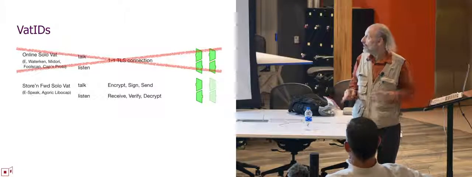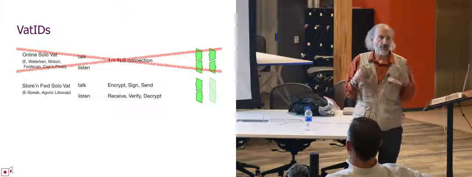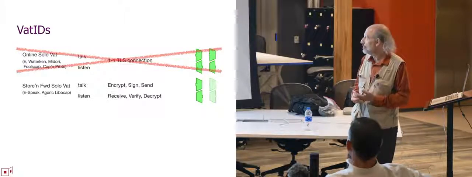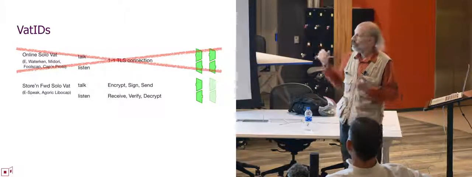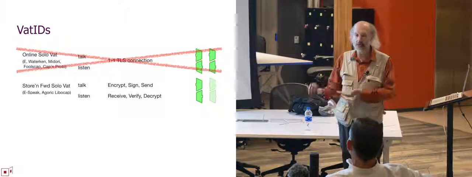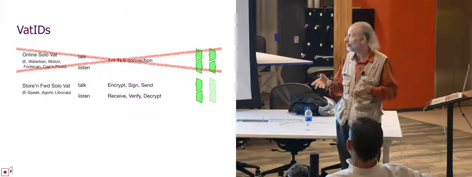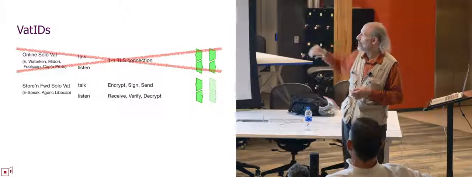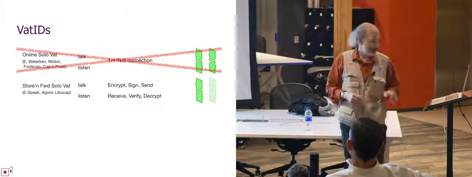But exactly because of its one-for-one live connection nature, it doesn't generalize into the world we're trying to build. So instead, we sign individual messages. Each individual message can be treated as a unit, and now we can accommodate store and forward VATs.